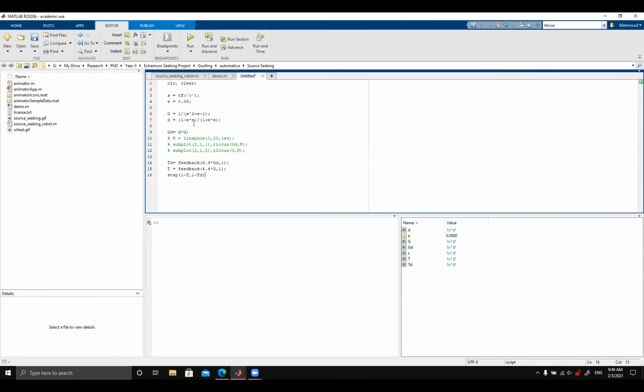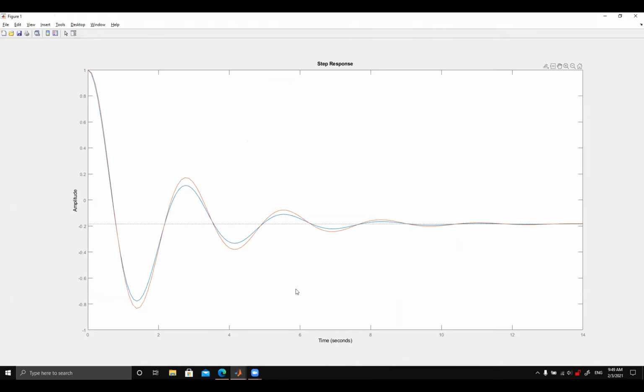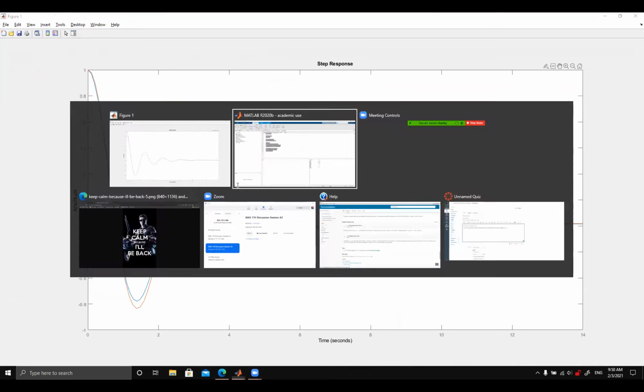Even if you have a very small delay, like we can put 0.1 here, for instance. Okay, let's try to simulate this. You still get these weird oscillations, right? It takes longer for your system to settle down, even though the steady state is not affected.